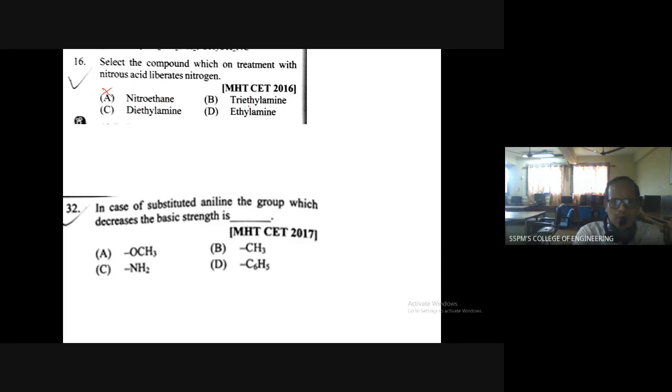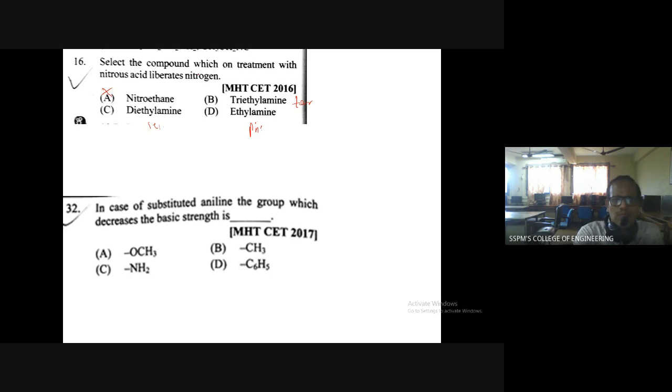B is triethylamine, which is a tertiary amine. This is diethylamine, a secondary amine, and this is ethylamine, a primary amine. So if you have studied reactions of amines, then you can easily answer this question at this point itself: when nitrous acid is treated with a primary amine, we get nitrogen gas removed.